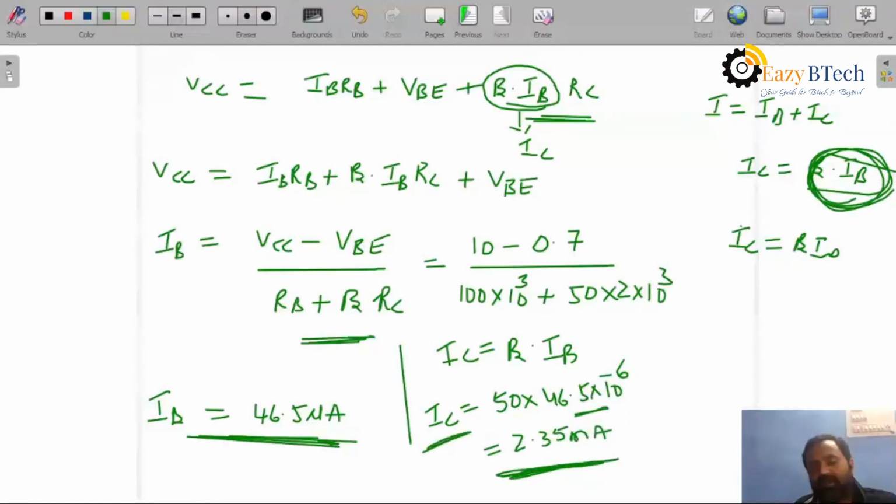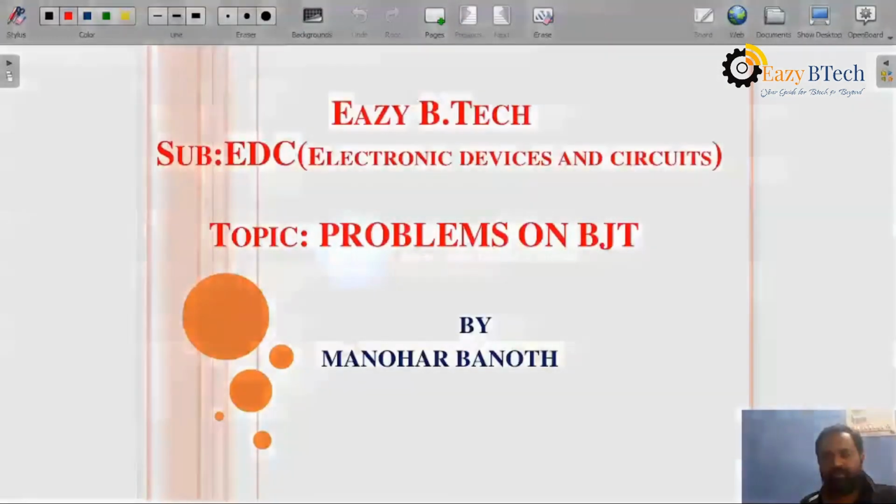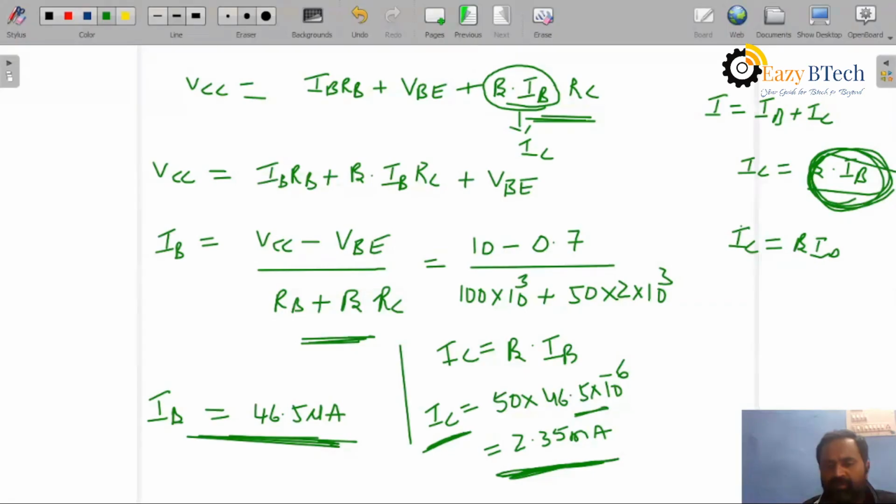The collector current is this much. Okay, students. Now you got the value of IB as 46.5 microamperes, and the value of IC as 2.35 milliamperes.